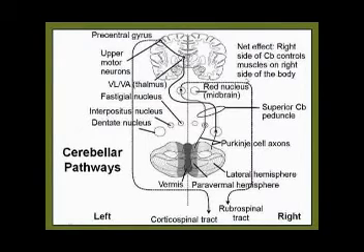Because the cerebellum influences upper motor neurons, indirectly it's going to, by these pathways, modulate or smooth out the series of skeletal muscle contractions generated by the lower motor neurons on the other side of the motor pathway.